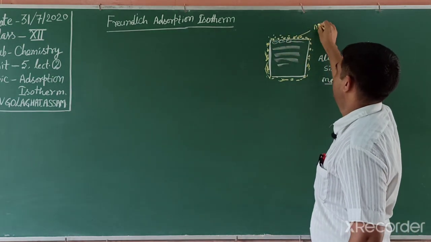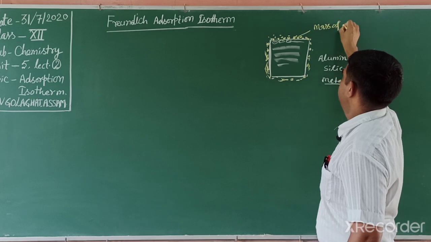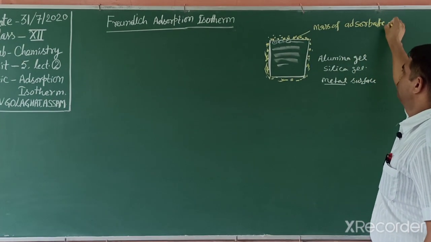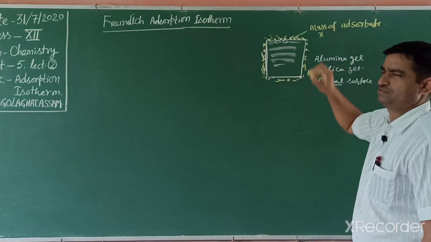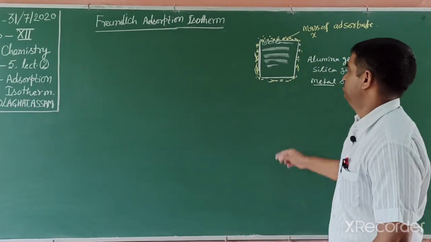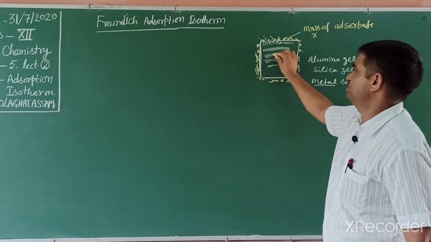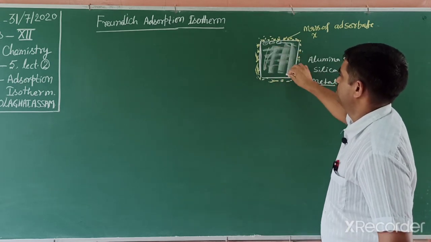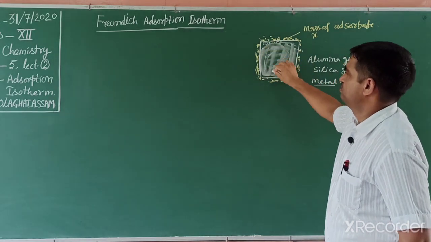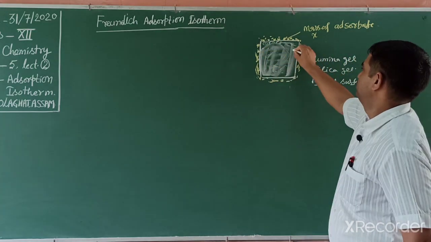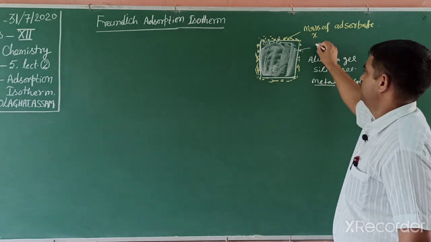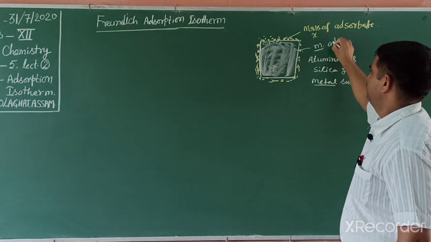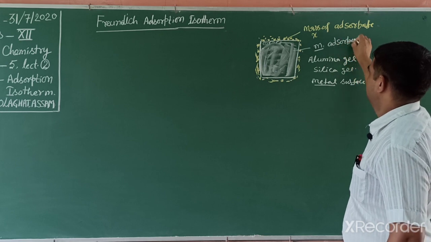This mass of adsorbate we can represent by x, and this is the adsorbent. The adsorbent mass we can represent by m, that is the mass of adsorbent.